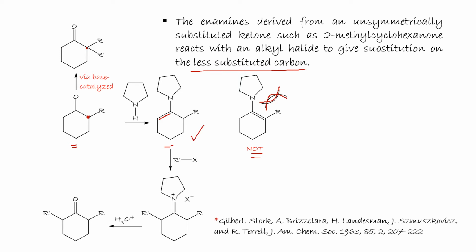If this is the enamine formed, then the alkylated product will be on this side, the less substituted, with R prime X, and the iminium salt here can be hydrolyzed to the carbonyl.